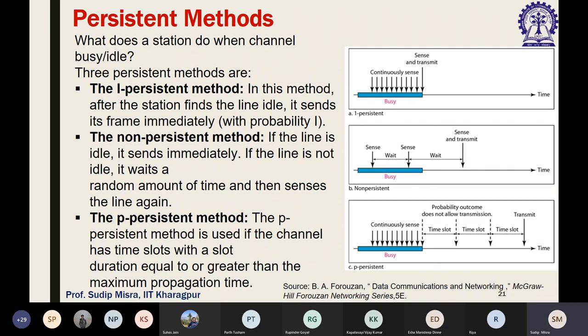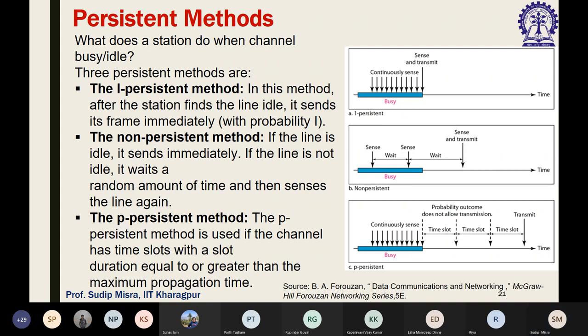Now, what is the problem with this kind of method? If everybody does so, then there will be a very high chance of collision, because two or more stations will probably find the line to be idle at the same time.